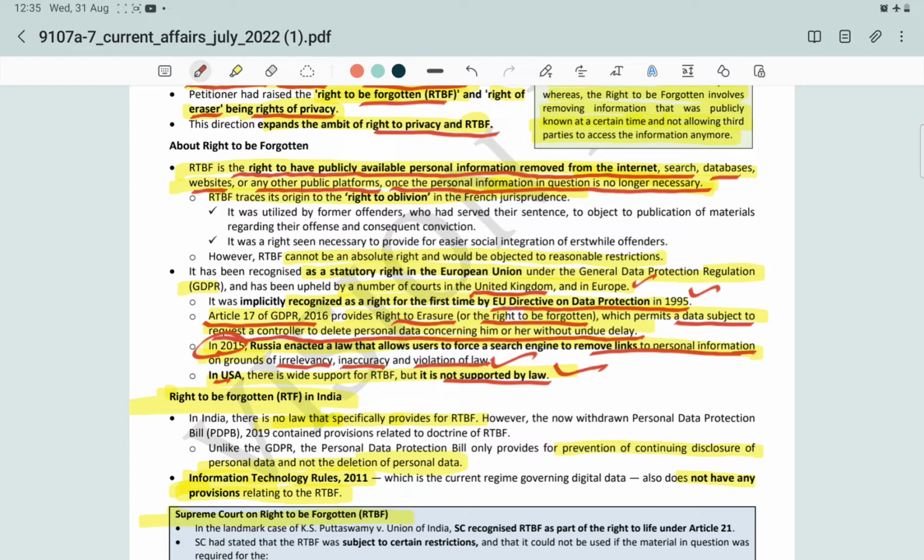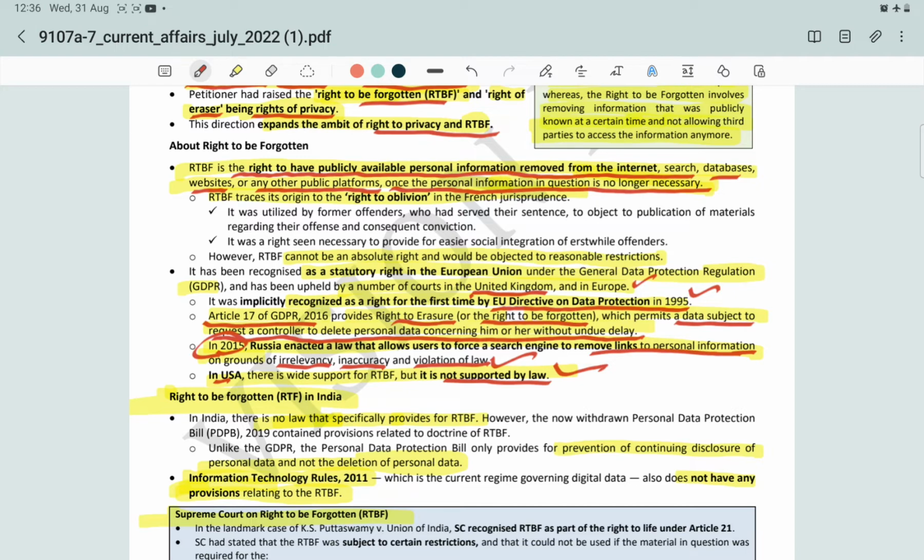In India, there is no law that specifically provides for the right to be forgotten. However, the withdrawn Personal Data Protection Bill 2019 contained provisions related to the doctrine of the right to be forgotten, but that was not implemented. The bill was withdrawn.